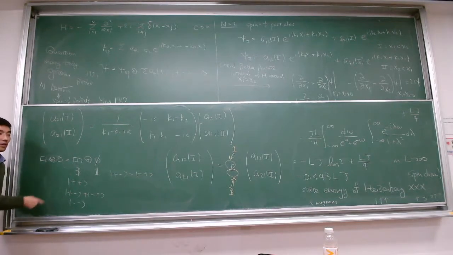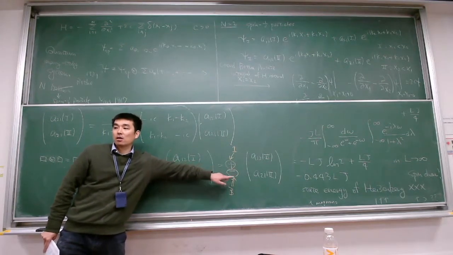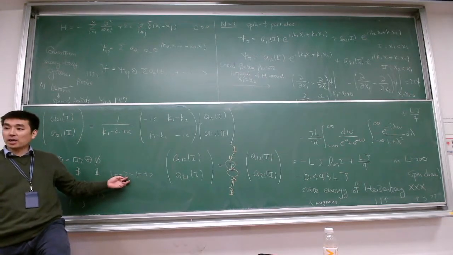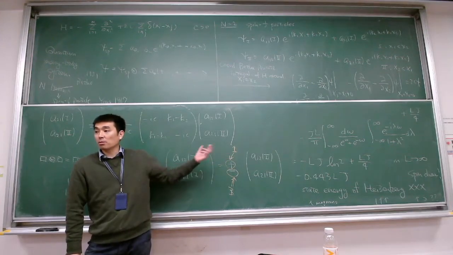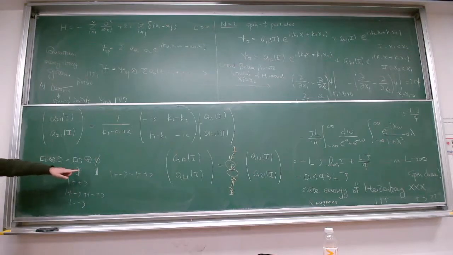Therefore the coordinate wave function should give you a minus sign. On the other hand, here the internal state will give you a minus sign, so the coordinate wave function should be plus even if you swap. So there is a difference between a singlet and a triplet in the wave function.